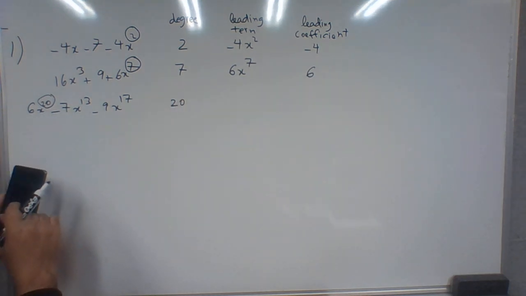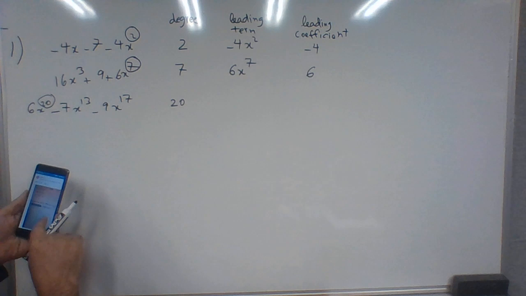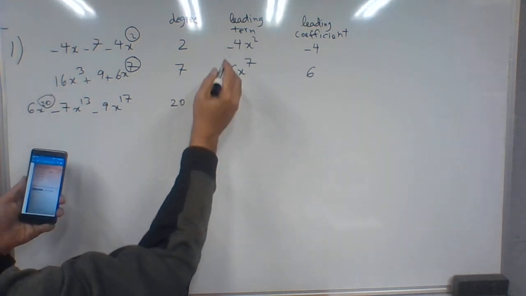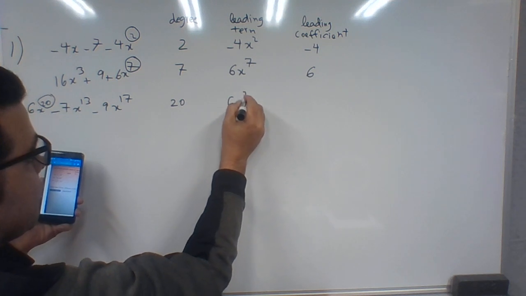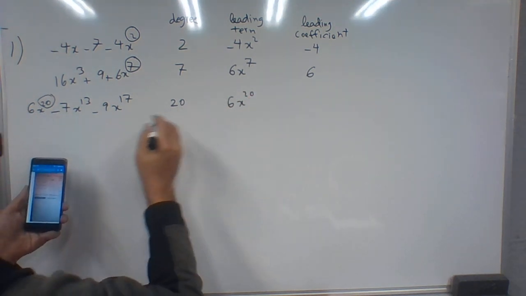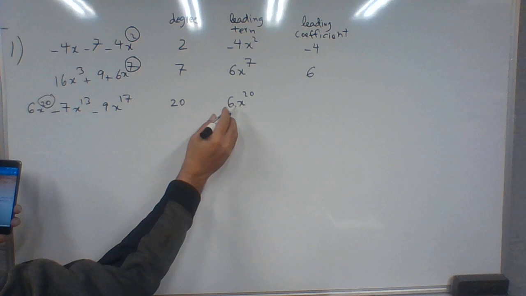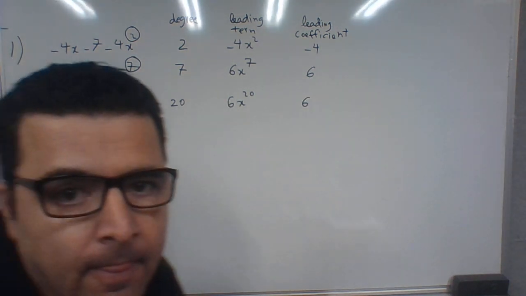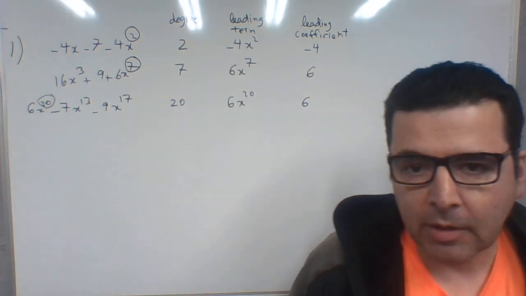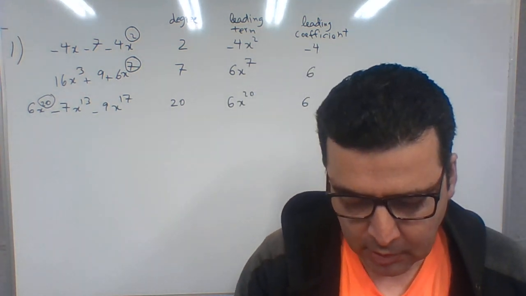And then the leading term is 6x20. And the leading coefficient is the multiplier of the x20, so it is 6. Okay, so this was problem number 1.